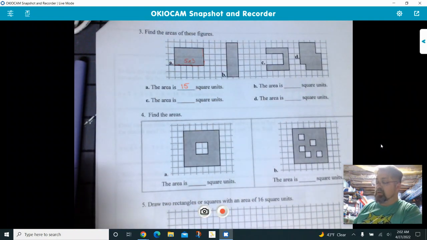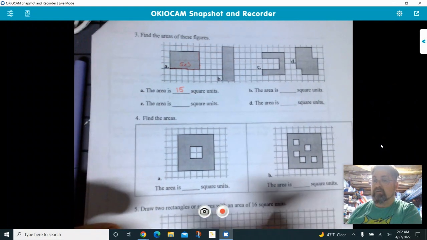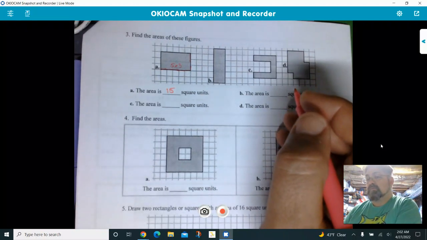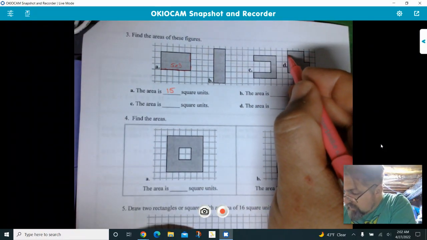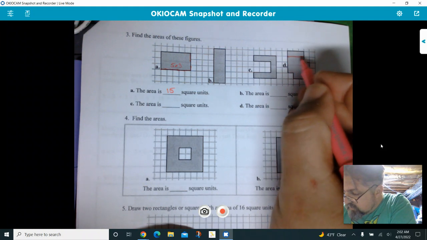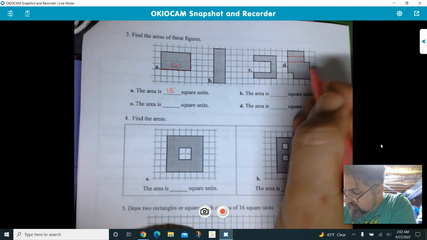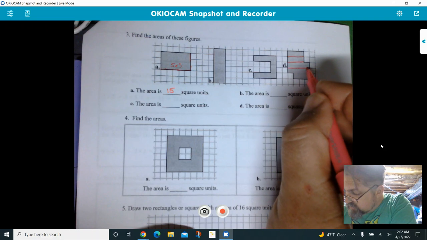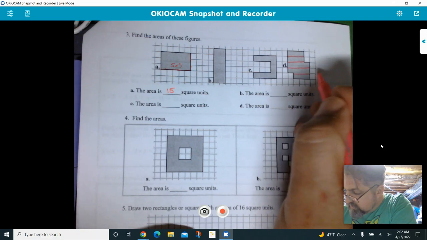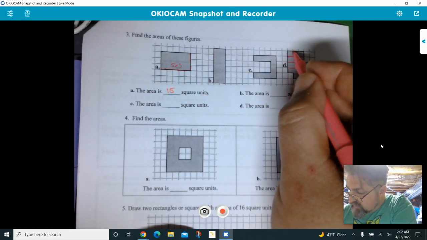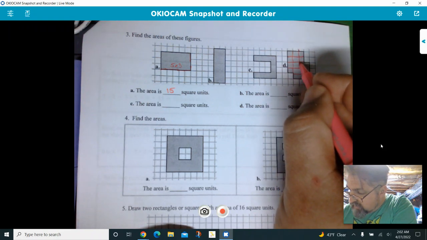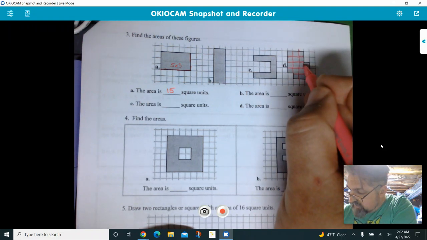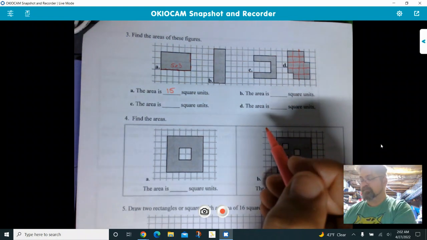Now, if you become desperate to figure stuff out, like say letter D, you are allowed, as long as you don't mislabel things, you are allowed to fill in the grid lines.